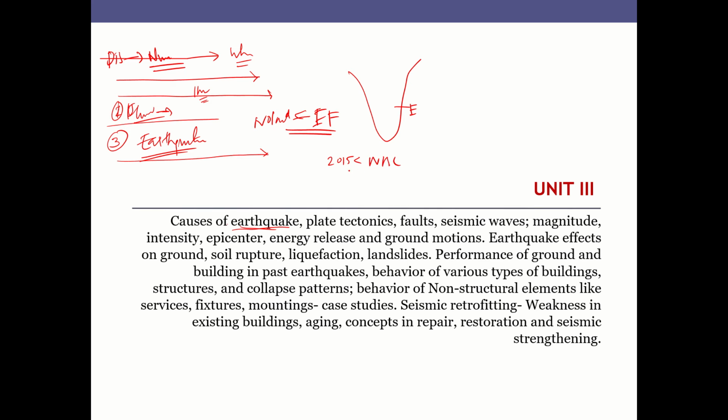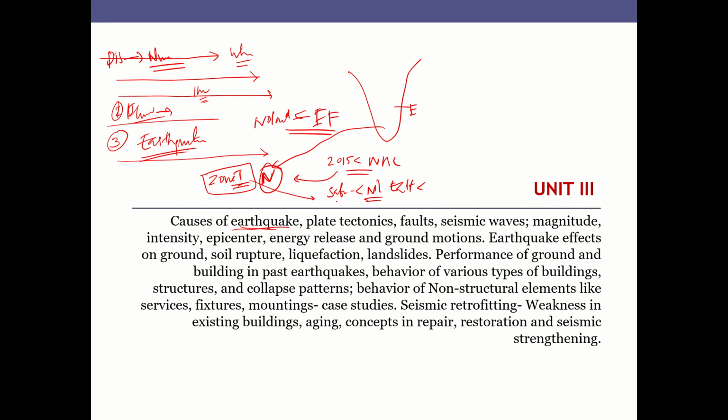I think I have said somewhere in our discussions that prior to 2015 NBC, we used to have a map with something called Zone 1 in earthquake. Zone 1 is relatively safe, almost nil earthquake, where the intensity of earthquake felt is negligible.